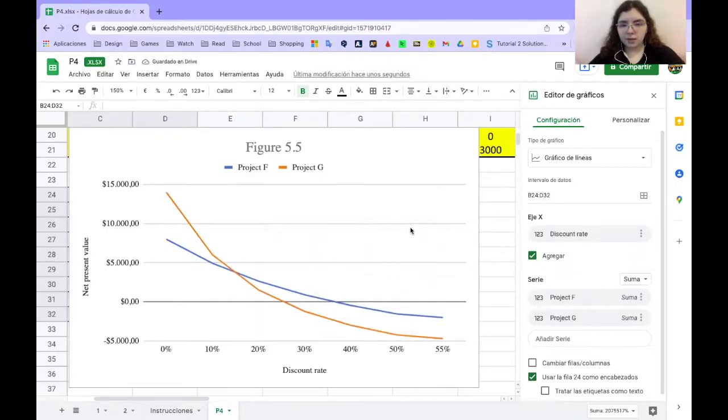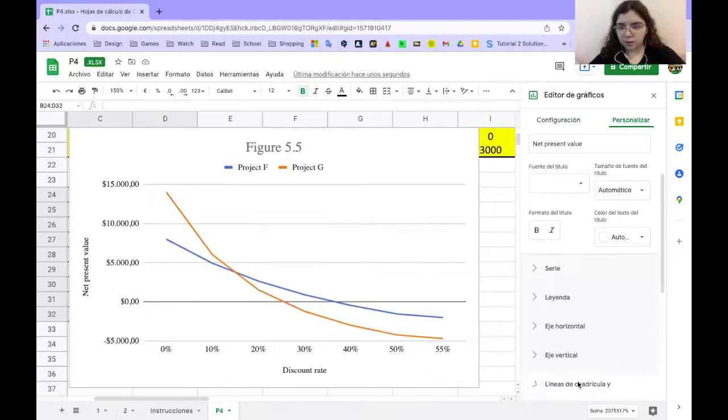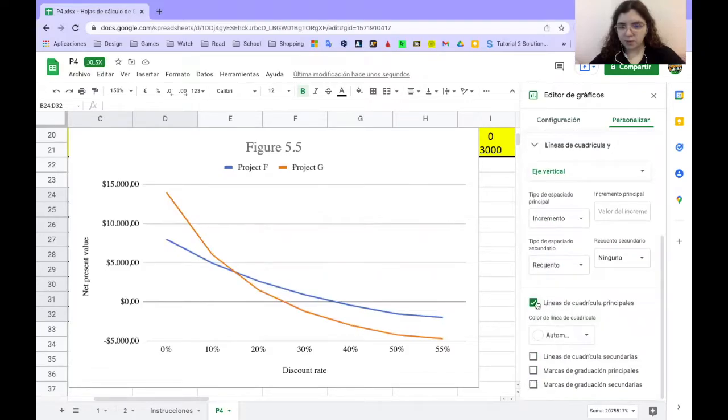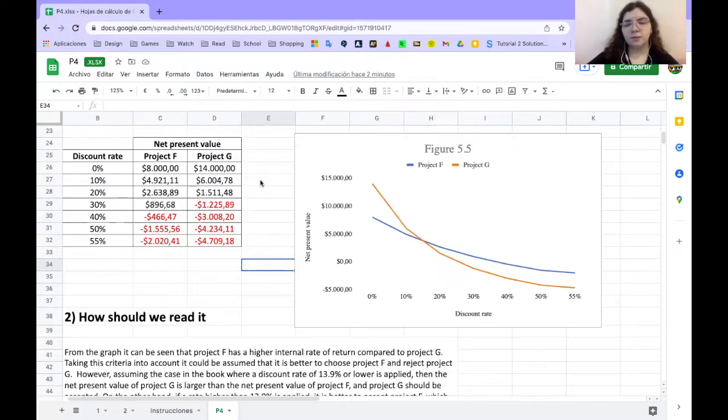And we can delete this if you put this. And there you go. And well, here we have the graphic with information of the two projects. Project F it's the blue one, and Project G it's the orange one.